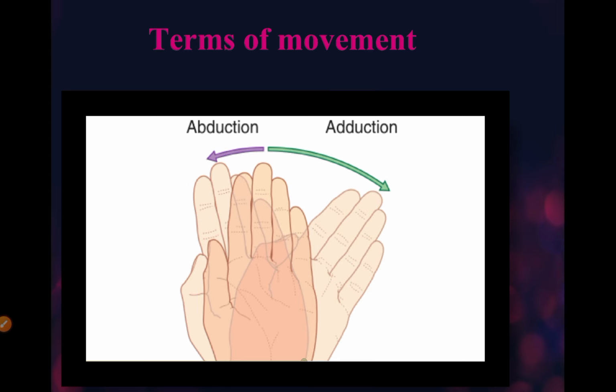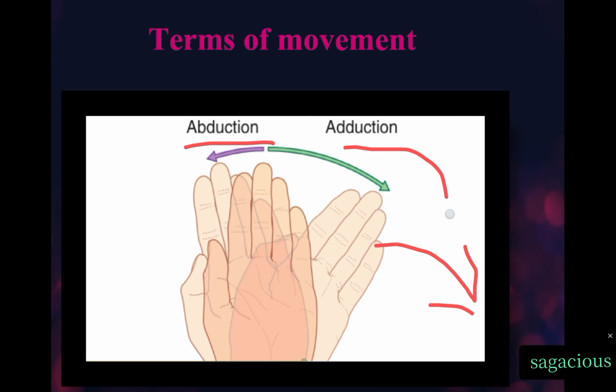So look at adduction and look at abduction. Remember, the word abduction means you are moving away from the median body. Imagine you stand in the anatomical position. Look at where your arm is moving to, and where your palm is pointing.